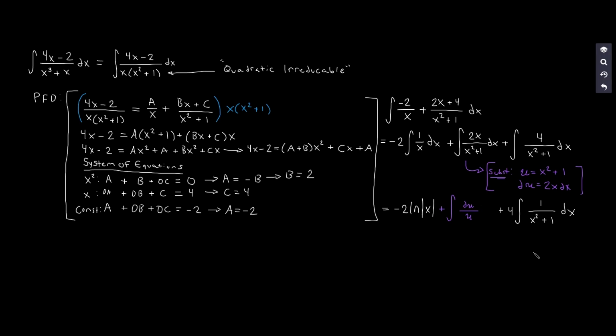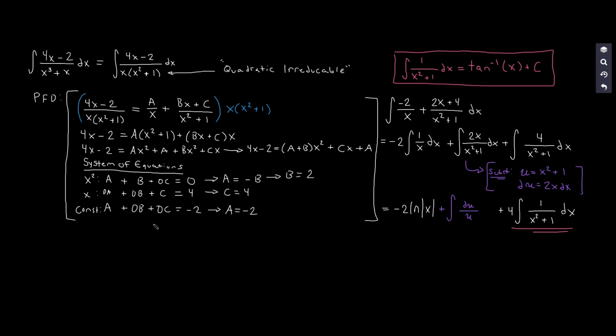But the thing about this one is that there is a formula that can be applied, and I'm going to write the formula up top. Okay, so now we're going to have some transformations that are going to take place. This is -2 times the natural logarithm of x plus the natural logarithm of u, and then plus 4 times the arctangent of x plus c.